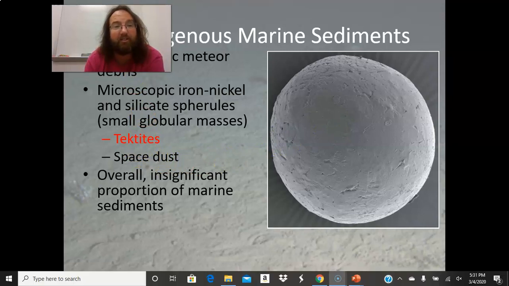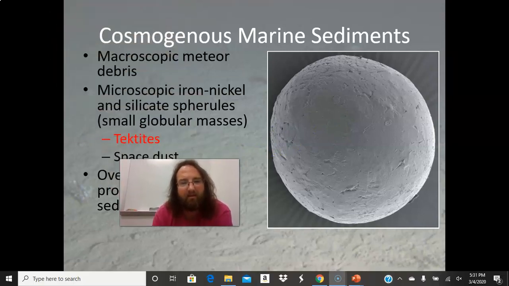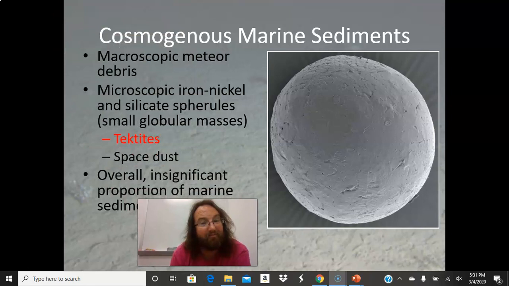We call these cosmogenous sediments. I'm not saying it's aliens, but if there's any life in the source region for this, it's aliens. It's a small portion of the marine sediment, but we can find it and measure it, and we definitely see some periods of time when there's more of it, some periods when there is less.